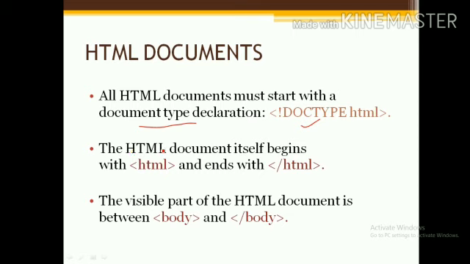The HTML document itself begins with the html tag and closes with the closing html tag. The brackets are very necessary, and this closing bracket is also very necessary. The visible part of the HTML is the body, with the help of the body tag. With the help of a body tag we can put our content in our HTML documents.